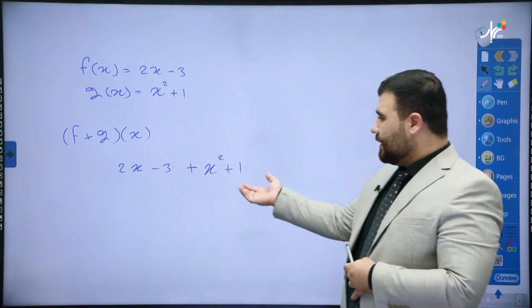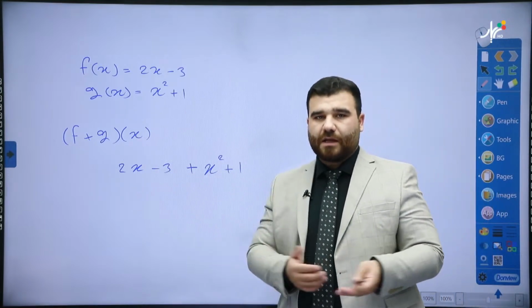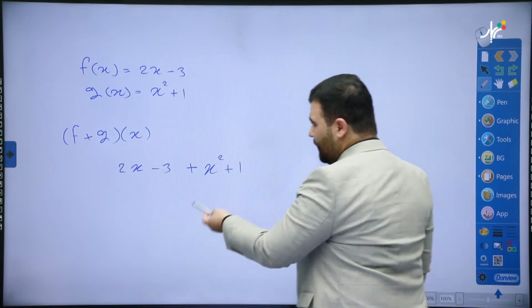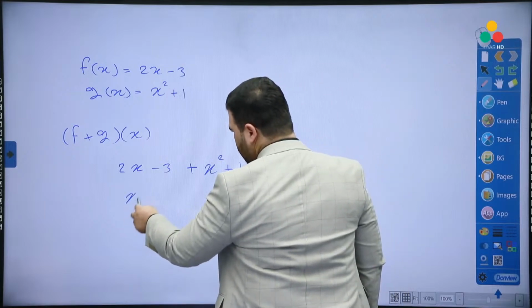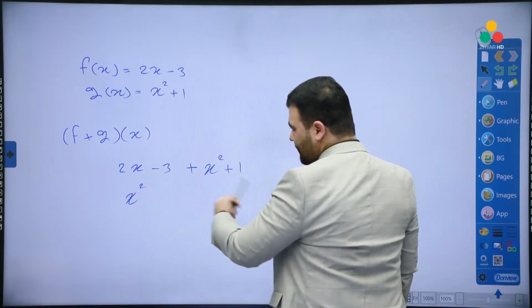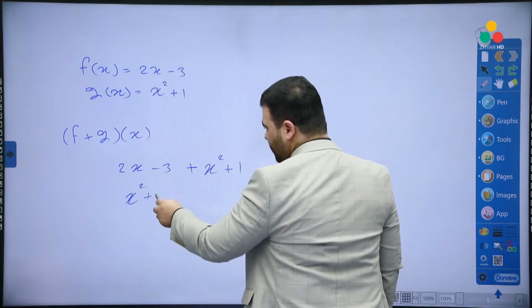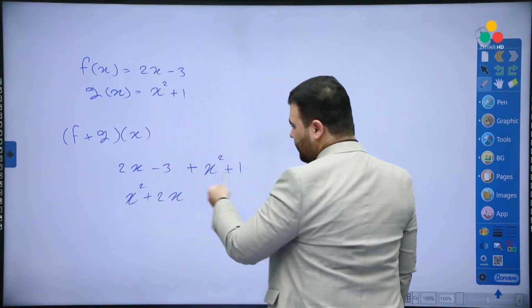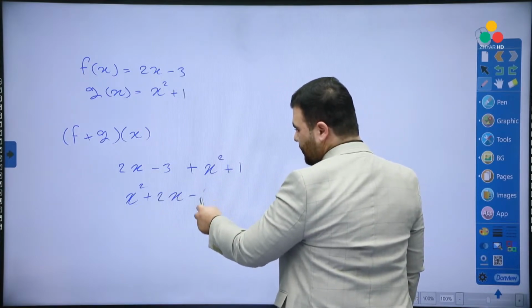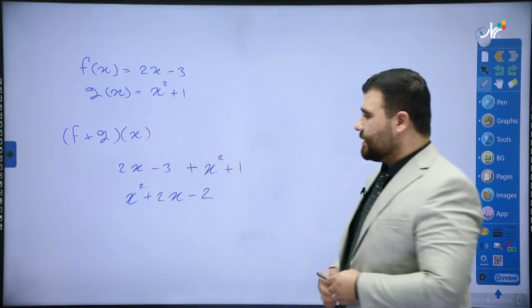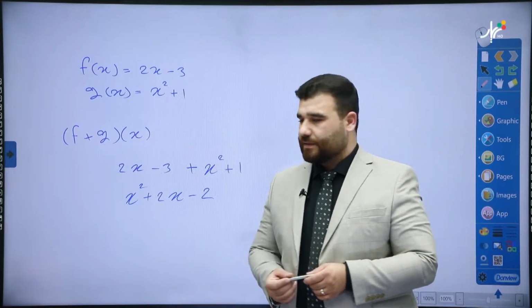When we add algebraic terms like this, we add the like terms together. x squared is alone, that's x squared. x is also alone, that's positive, so I write plus 2x. Negative 3 plus positive 1 is negative 2. This is (f plus g)(x).